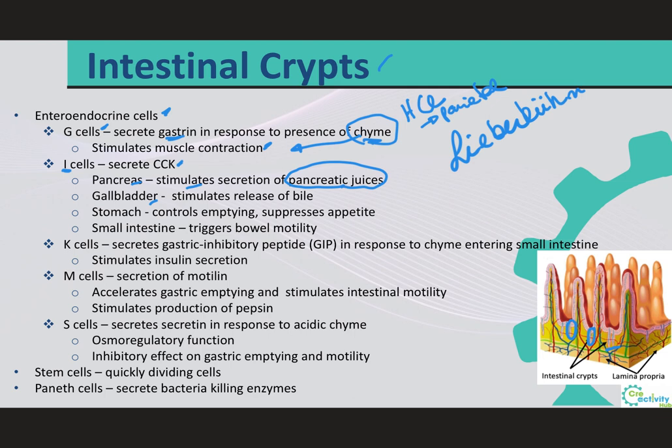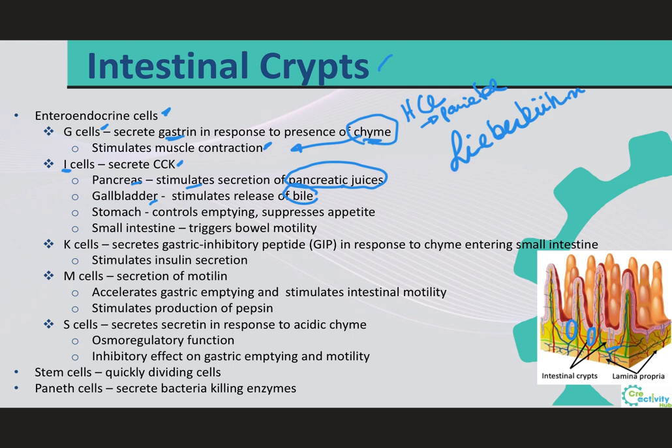In addition, it will stimulate the gallbladder to release bile in the presence of fat that's also coming from the stomach. And we will see how this will help with the digestion of fat once we talk about the liver.